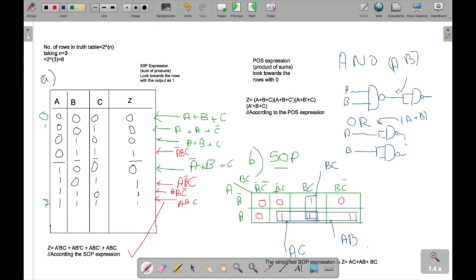Now in this question we have AND and OR gates, right? That means that we will get a scenario which has something like this. We'll have a part where we'll have two things like this.